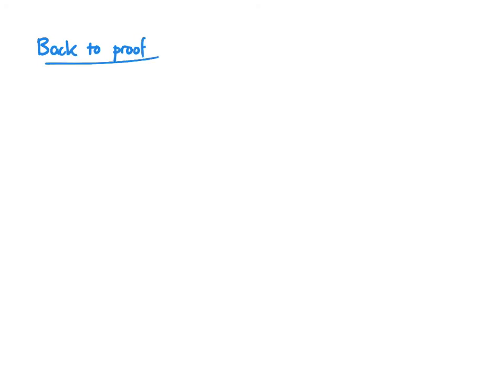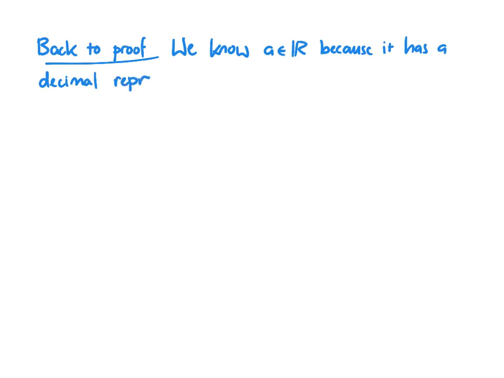So what we want to say is the following. First of all, we know A is in the real numbers because it has a decimal representation. I can tell you exactly what its decimal representation looks like. I can tell you what each digit is going to be. So that means it has to be real. And notice it doesn't appear on our list.